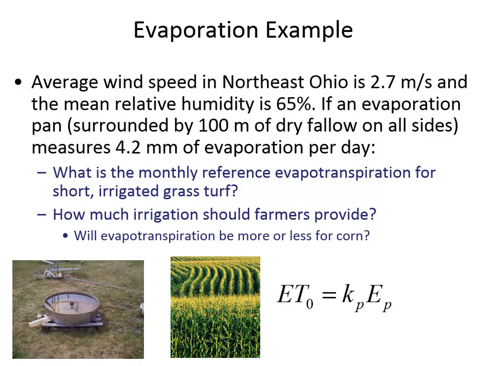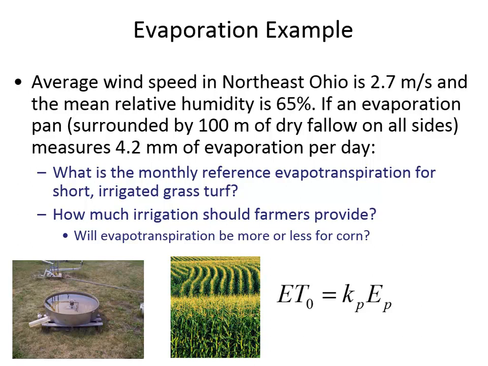So remember that the way that the pan works is it's a surrogate for the amount of evaporation that occurs in the crop, and then you tie together the performance of the pan to the performance of the crop with a series of tables that takes into account where the pan is located adjacent to the crop and the wind speed that there is.